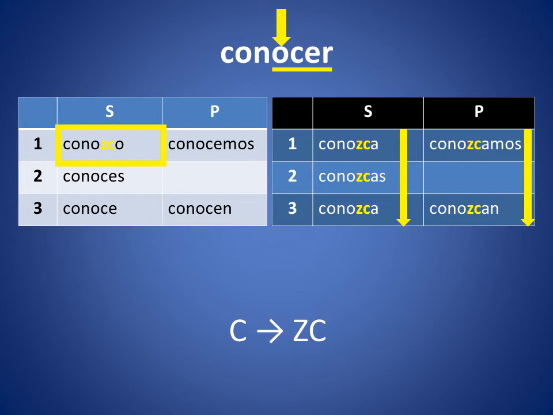So you end up with es importante que yo te conozca, que tú le conozcas, que él me conozca, que nosotros conozcamos, que ellos conozcan, and you'll see that it affects all of those forms.